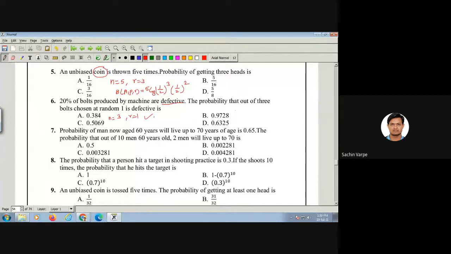Substitute these values, with p given to be 20%, that is 0.2. From this you can calculate q, which is 0.8. Substitute these values into the binomial formula, and you'll get the answer.